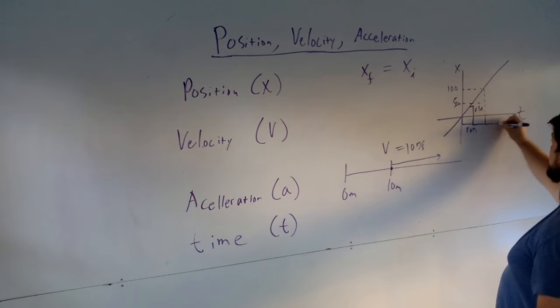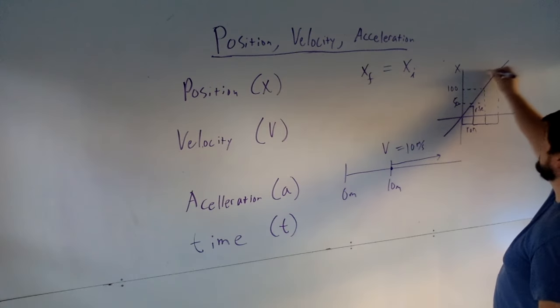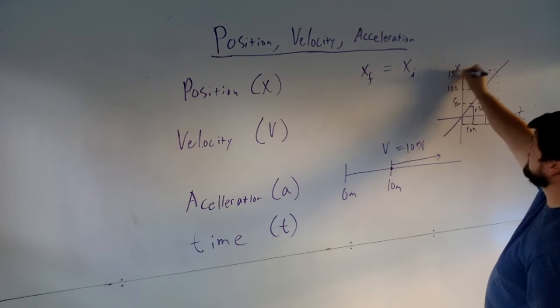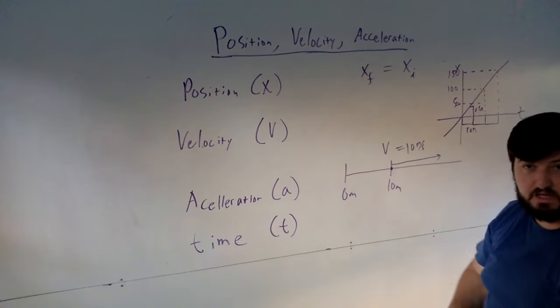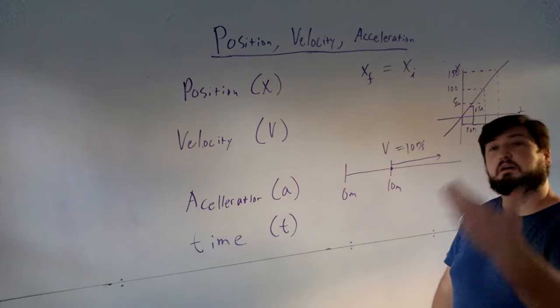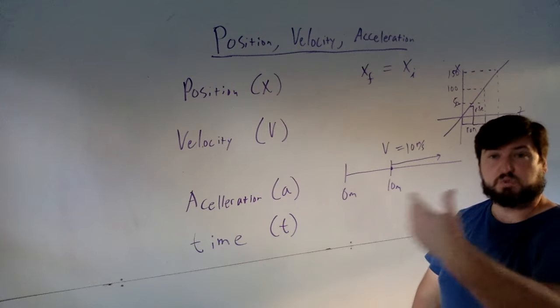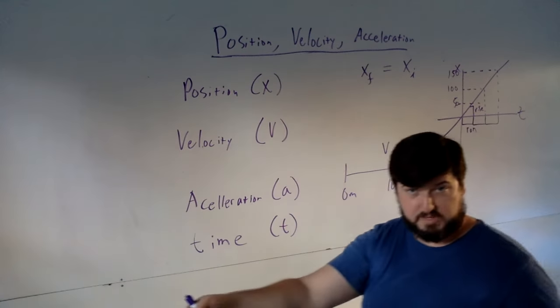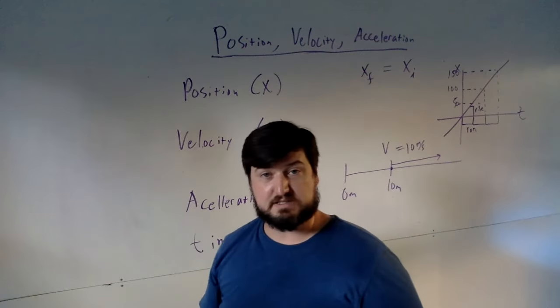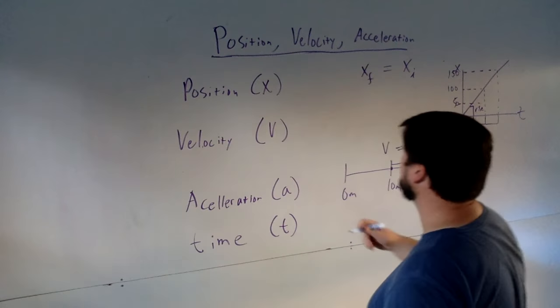After the same run again, I'll be over here at 150. It'll be a nice regular increment, okay? If I'm going 10 meters per second, after 1 second, I've gone 10 meters. After 2 seconds, I've gone 20 meters. After 3 seconds, I've gone 30 meters. I have a nice regular increase in my position over time, okay?